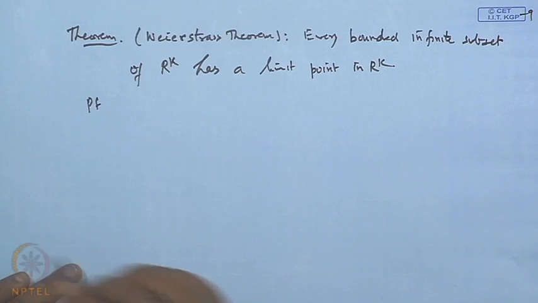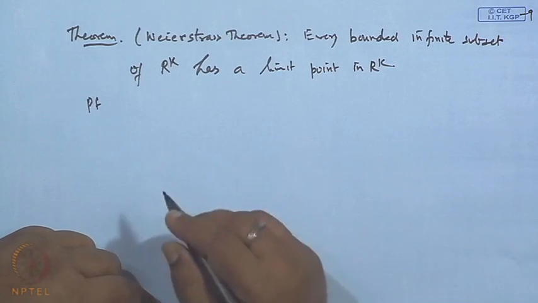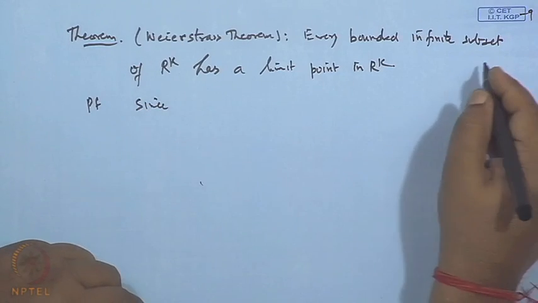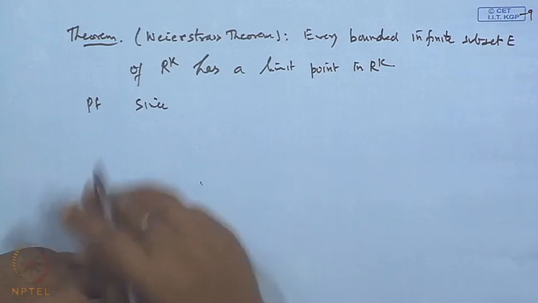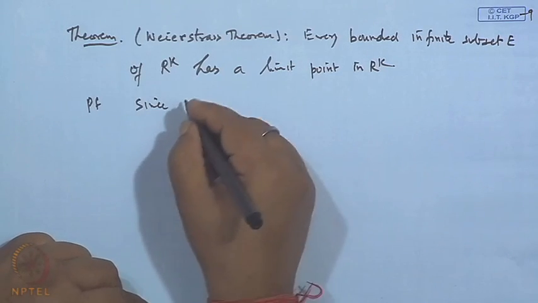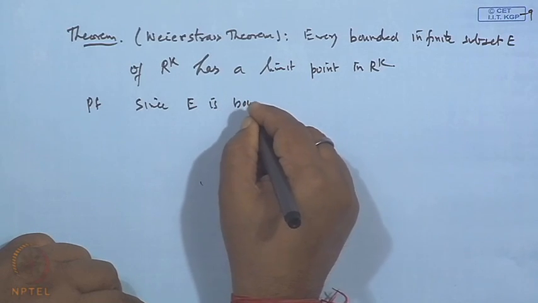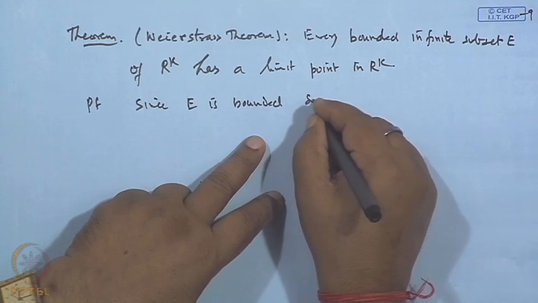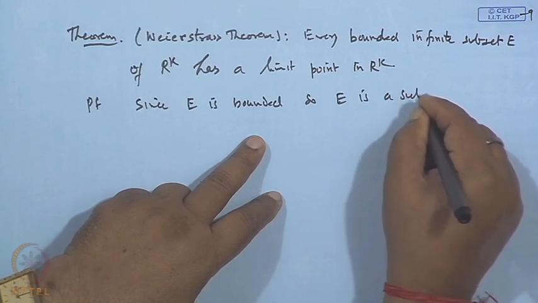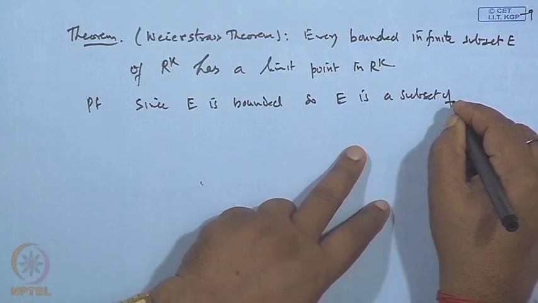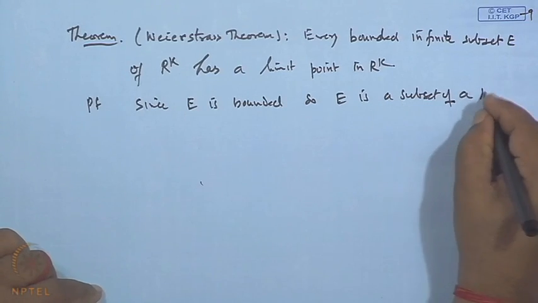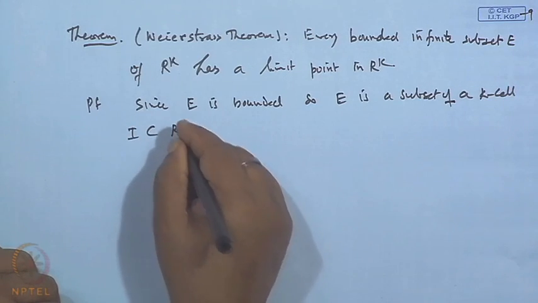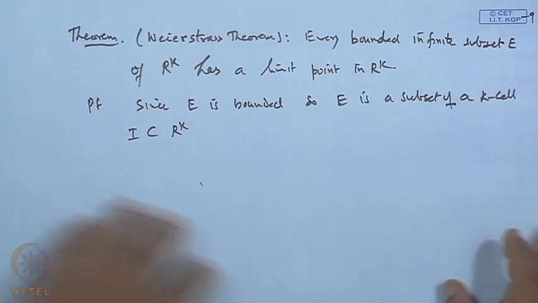The proof is very easy. Since E, a bounded infinite subset of R k, is bounded, E is a subset of a k cell I, which is contained in R k, because bounded means it will be covered by some k cell.